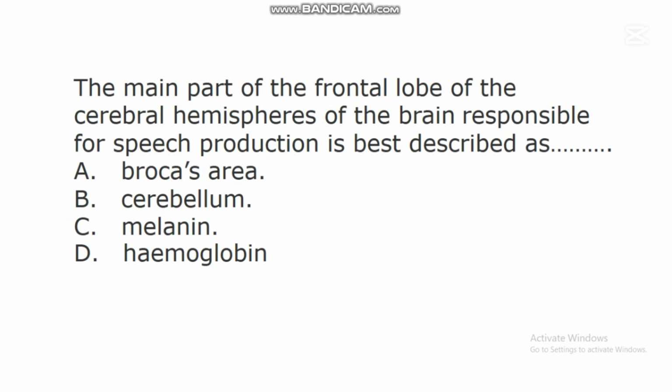In this question, the correct answer is A. Broca's area. Broca's area is the main part of the frontal lobe in charge of speech production. Studies have shown that if anything goes wrong in this part of the frontal lobe, there will be a serious problem in speech production in humans.